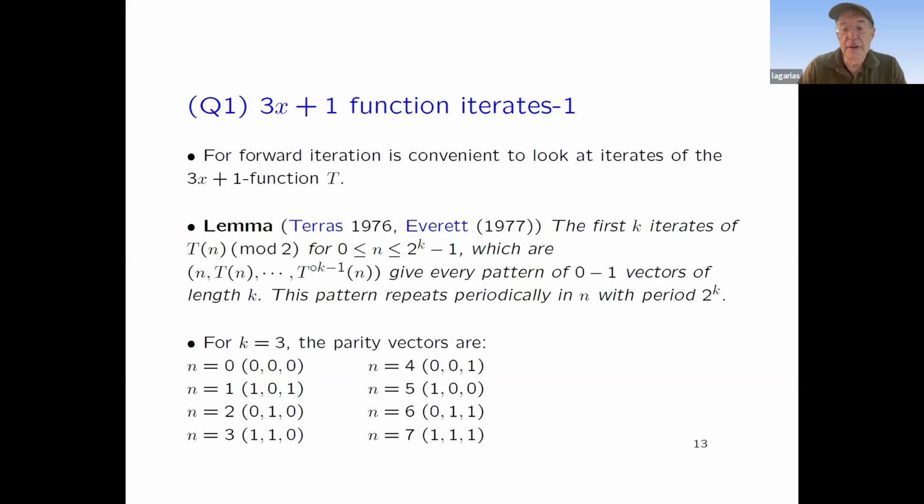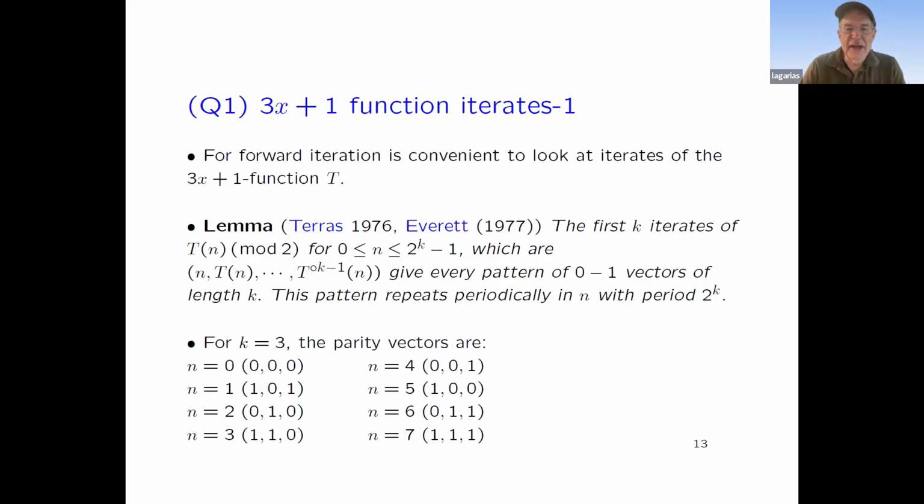And of course, you need to know that parity in order to compute the next iterate, because it tells you to decide whether to use x over 2 or (3x plus 1) over 2. Their observation was that if you look at the first k iterates mod 2 in the complete period from 0 to 2 to the k minus 1, then you get every pattern of 0, 1 vectors exactly once.